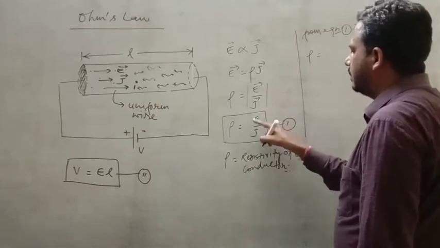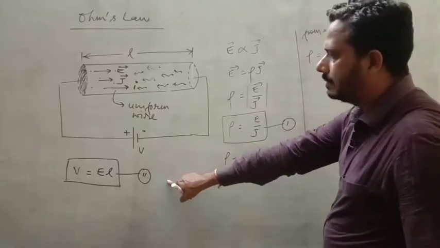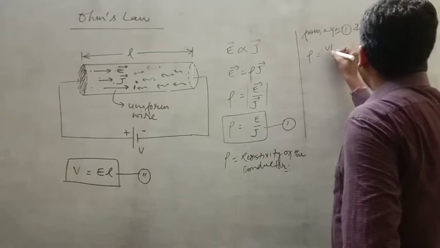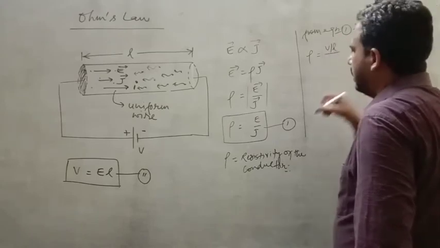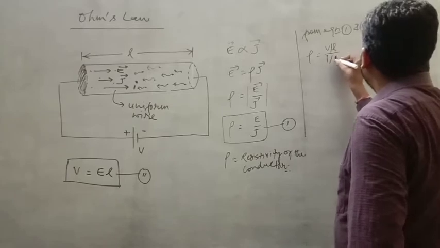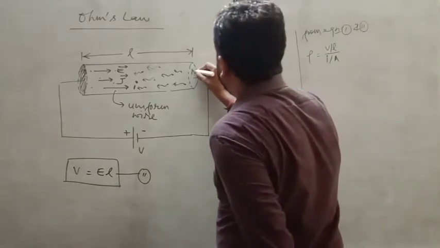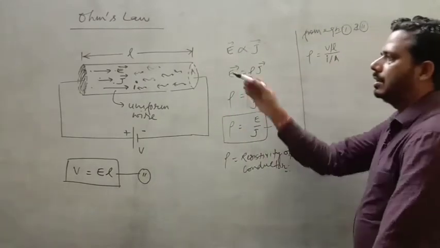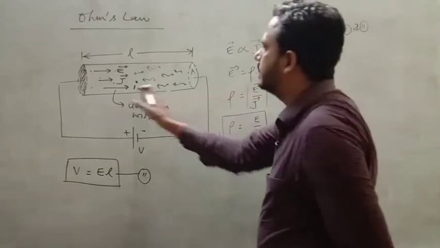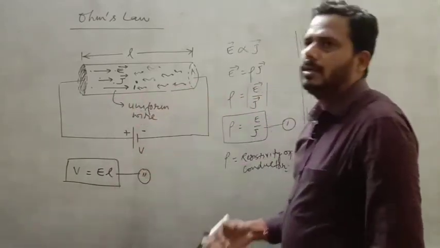So just put the value of E. Your E is equal to, from this second equation, V by L, that is potential by length of the conductor. And now J, this one is I, current by cross sectional area. So suppose that A is the cross sectional area of this conductor. So this one is I by A, and anywhere, because this one is a uniform conductor, anywhere you will get the same cross sectional area A.